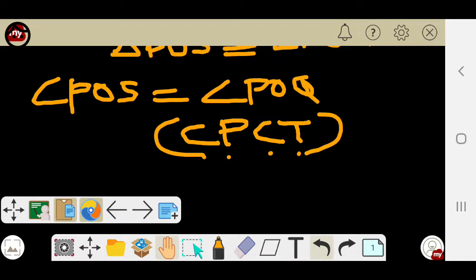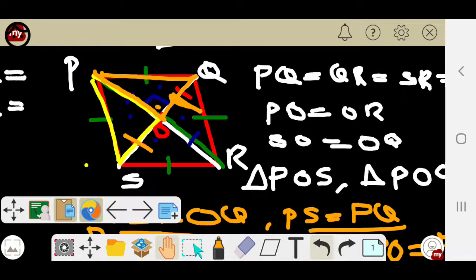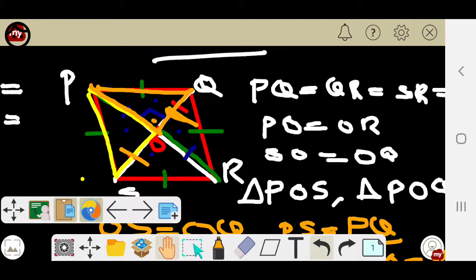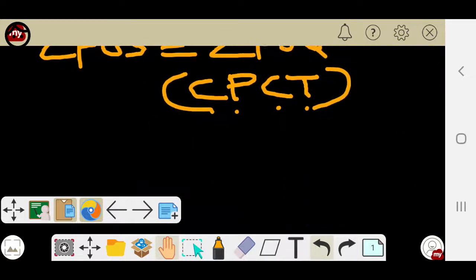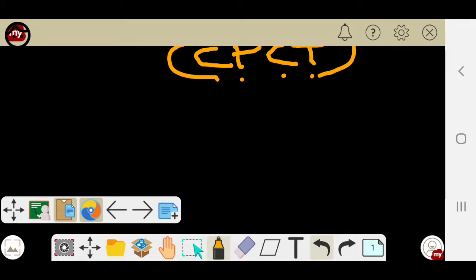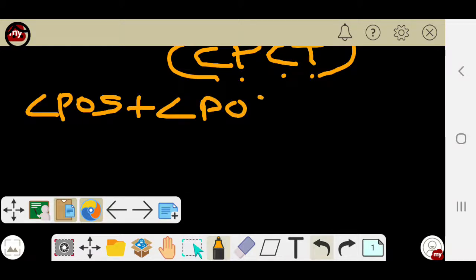Then consider the figure. What about angles POS and POQ? What type of angle is this? This is a linear pair. Linear pair means the sum of these two angles equal to 180 degree. Angle POS plus angle POQ equal to 180 degree.